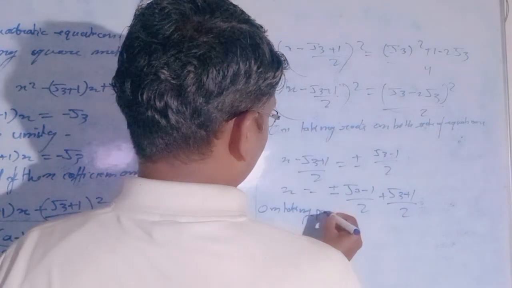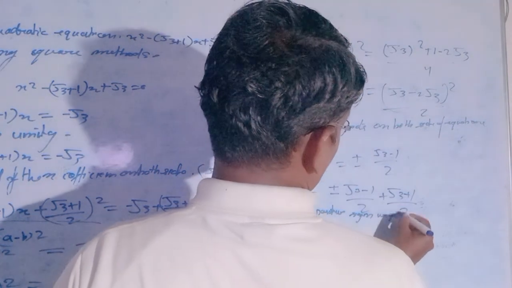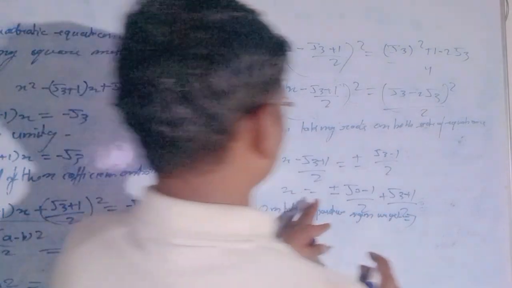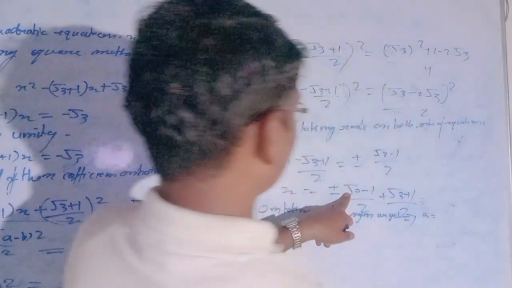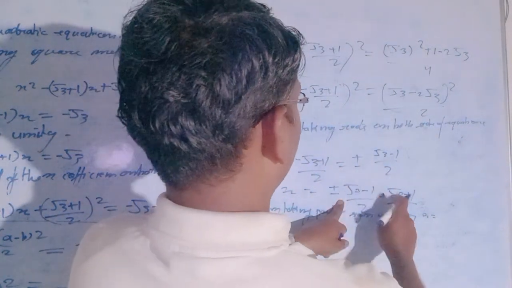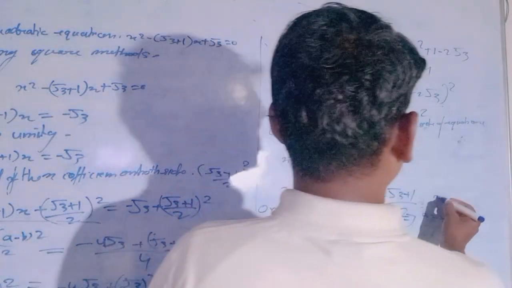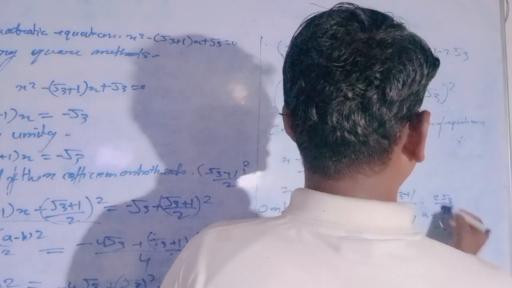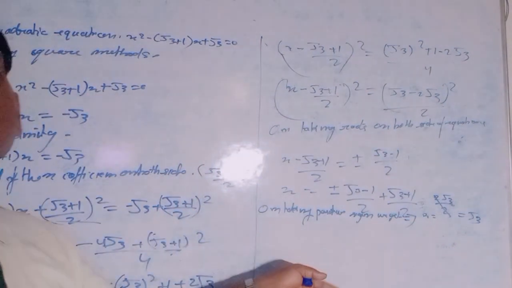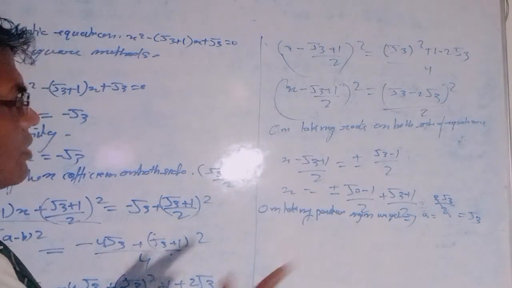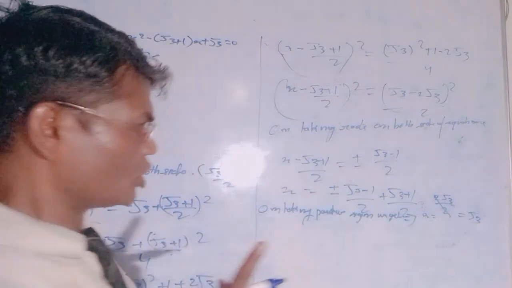So x is equal to, here is same, so √3 and √3, 2√3, and minus plus, 2√3 by 2 cancel out, it became √3. The answer we will get here is √3. We have found one root of these equations, √3.